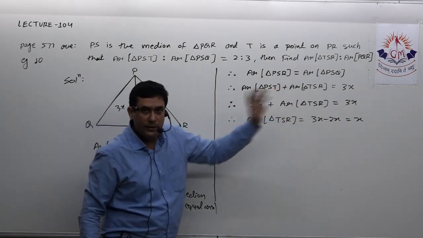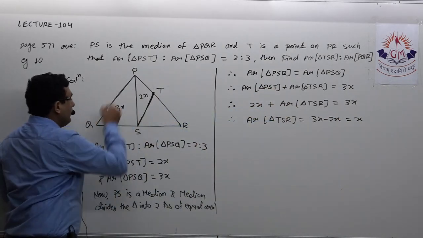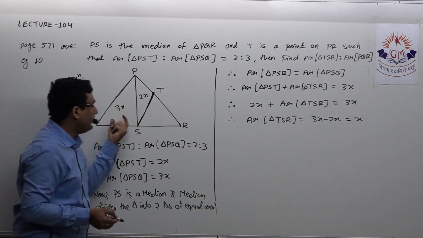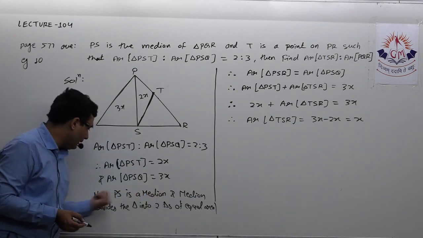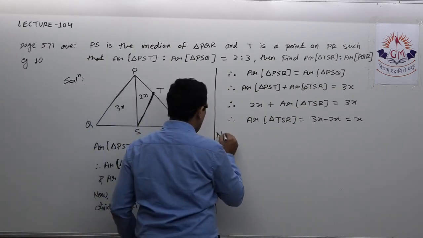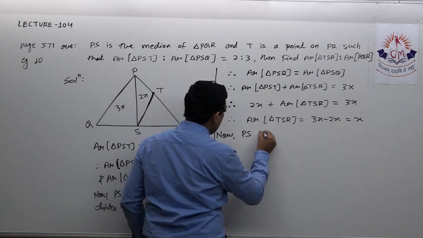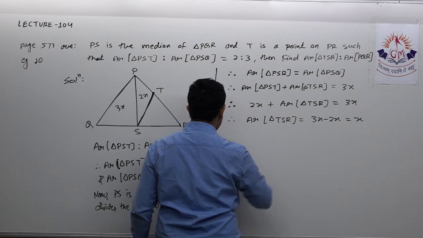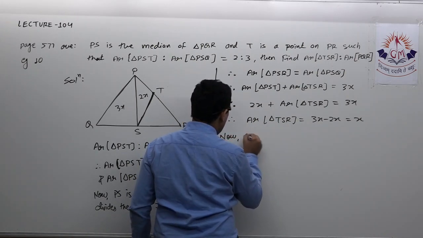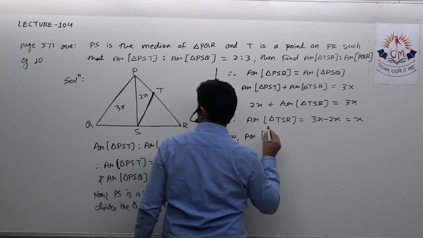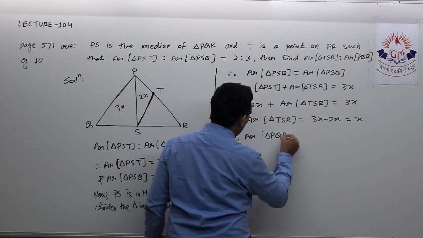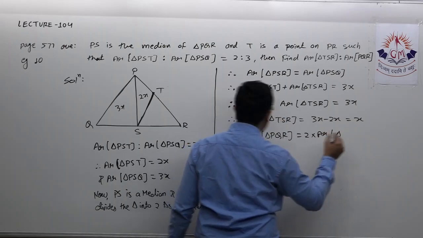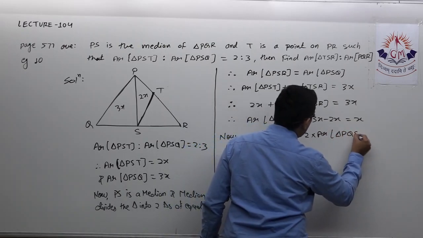Now I need to find the area of triangle PQR, and that is very easy. PQR will be twice of PQS, again with the same reason. Area of triangle PQR is equal to twice area of triangle PQS.